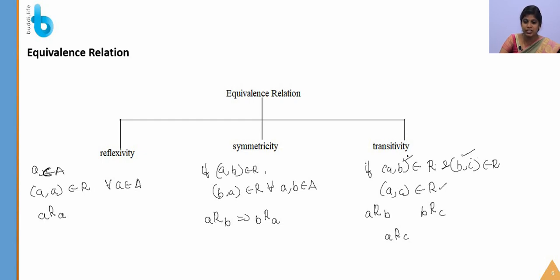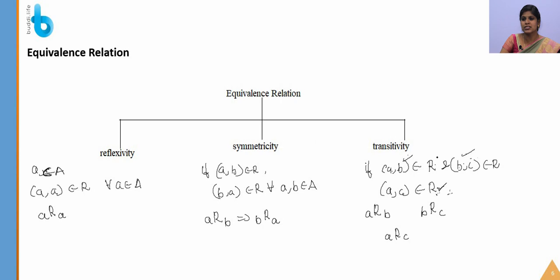You check for transitivity when these two conditions are satisfied, then you should go for this third condition. If it is satisfied, it is transitive. If it is not satisfied, it is not transitive. But in some cases, these two conditions themselves will not be satisfied. Then in that case, you need not check for the third condition. Directly you can say it is transitive.